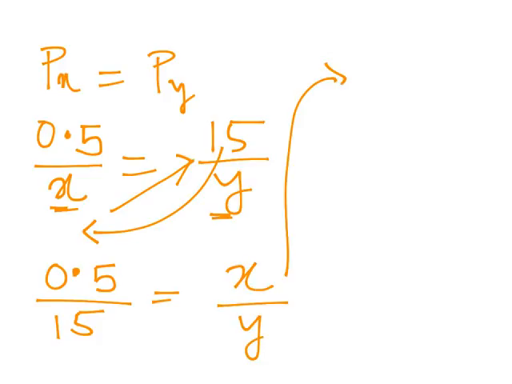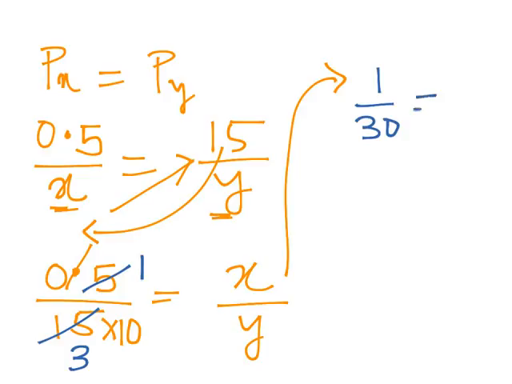For this decimal we can remove the decimal here and add a 10, because 0.5 is nothing but 5 by 10. So 5 ones are 5 and 5 threes are 15. So 1 by 30 is what x by y is.